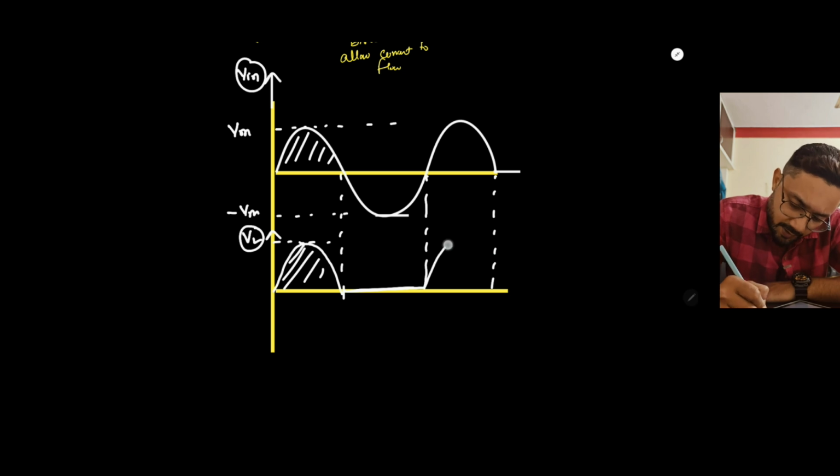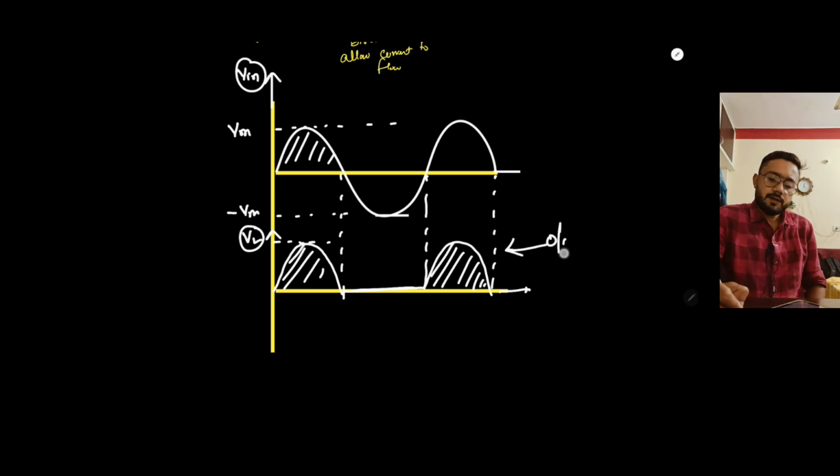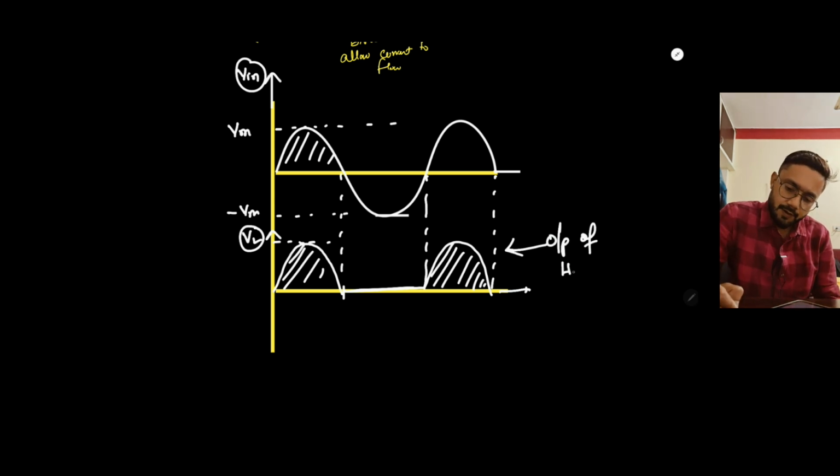Again, when there is a positive cycle, it will be like this. So this is the output of the half-wave rectifier. This is the input voltage.